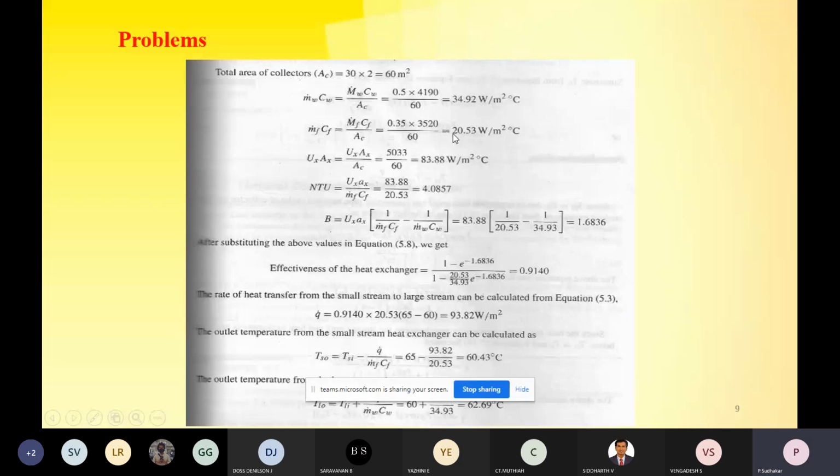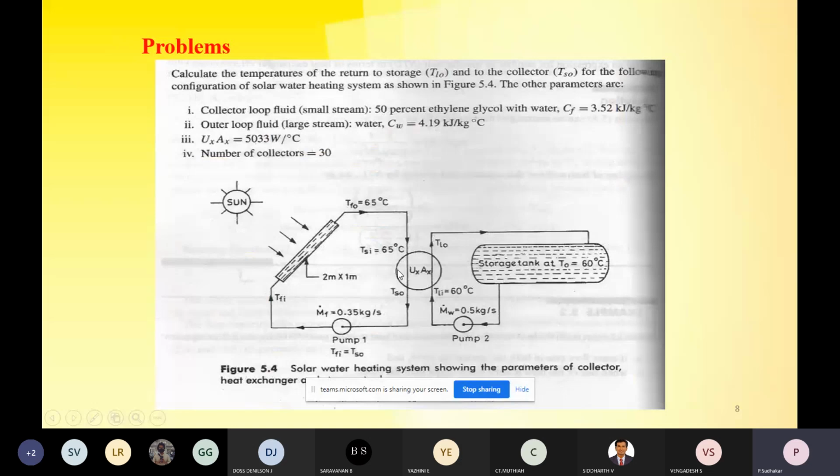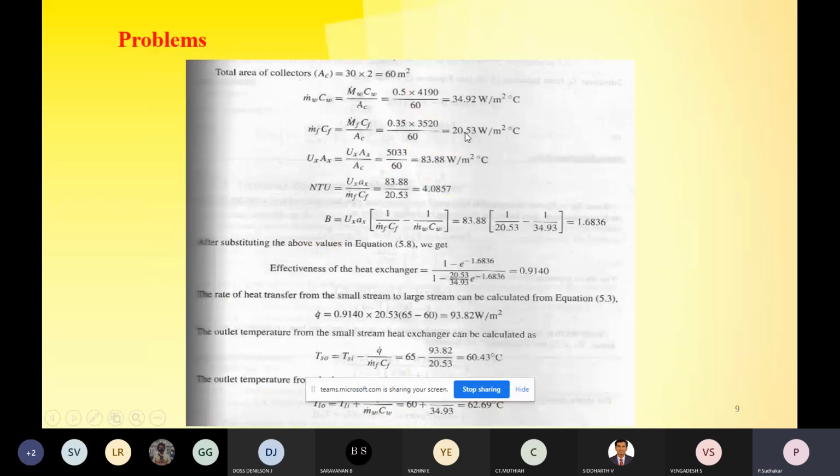So while substituting the effectiveness, the m dot F CF and the given temperatures, we find Q dot. How are we finding the total heat transfer rate from the small stream to the large stream? This is the inlet for the small stream and this is the inlet for the large stream. So the effectiveness of the heat exchanger is multiplied by the mass velocity of this fluid flowing inside the collector loop and the heat exchanger, that is 20.53.